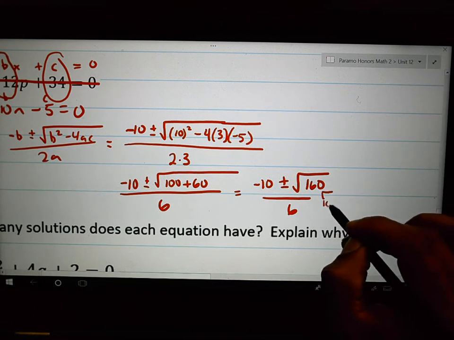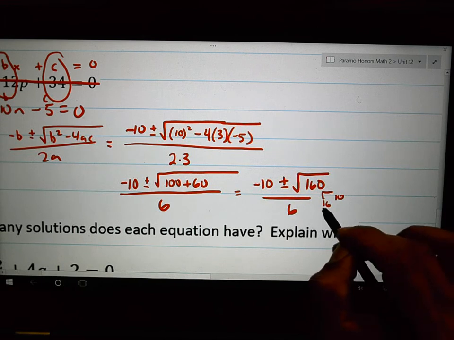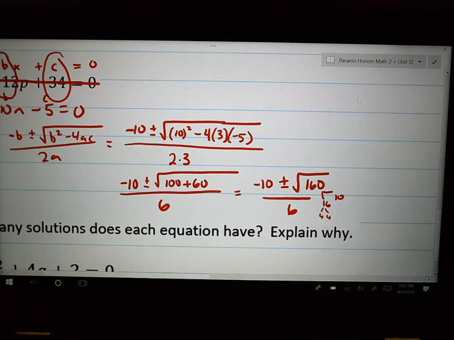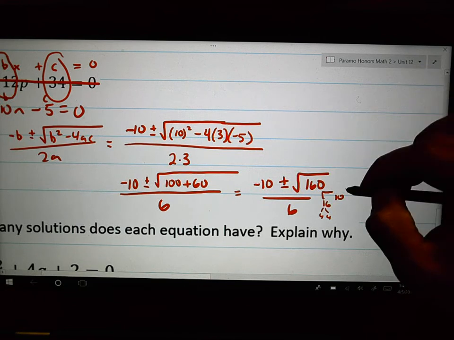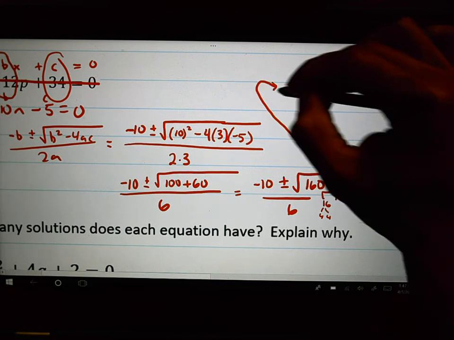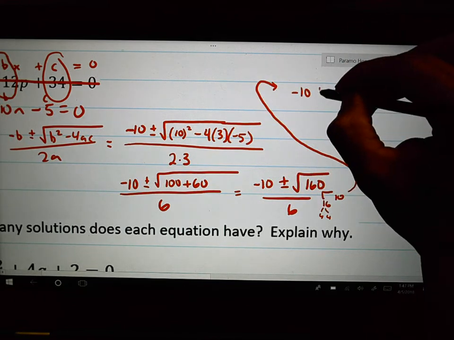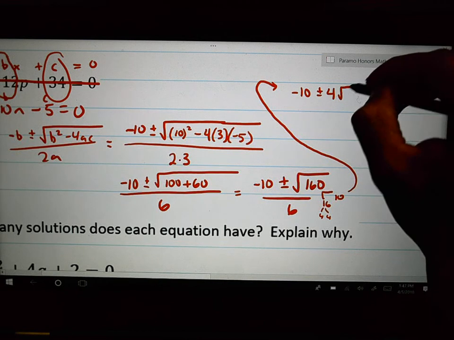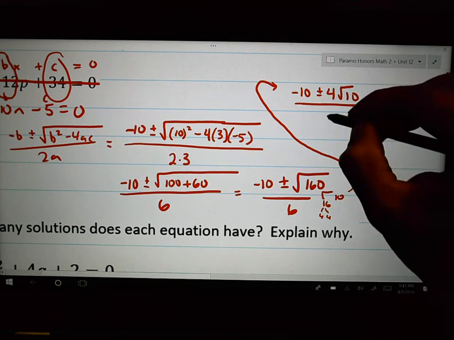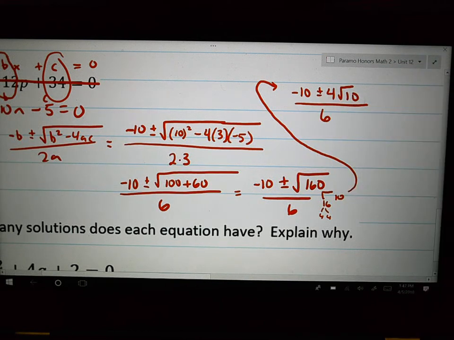I know that is 16 times 10. And I know there's a 4 and a 4 there. So I'm going to reduce this real quick. This is the same thing as -10 plus or minus 4 root 10 over 6.